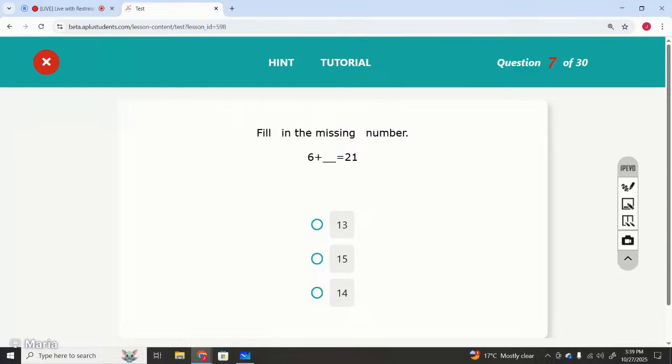Fill in the missing number. 6 plus missing number equals 21. So which number is it? That is 6 plus 15 is 21. Fill in the missing number. 18 plus missing number is 25.